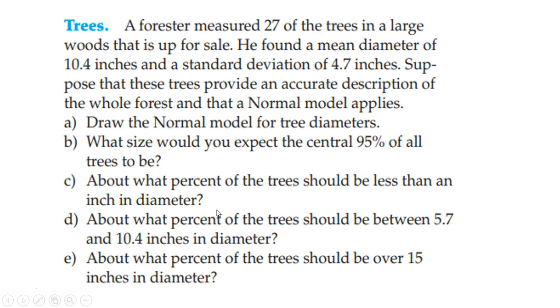A forester measures 27 of the trees in a large woods that is up for sale. He found a mean diameter of 10.4 inches and a standard deviation of 4.7, and supposed that these trees provide an accurate description of the whole forest and that the normal model applies. So we know it's normal. I also know the mean and I know the standard deviation.